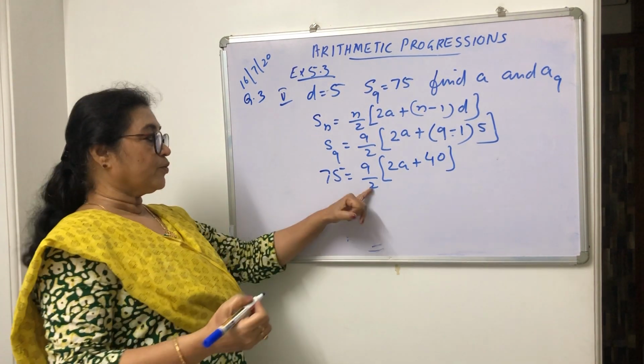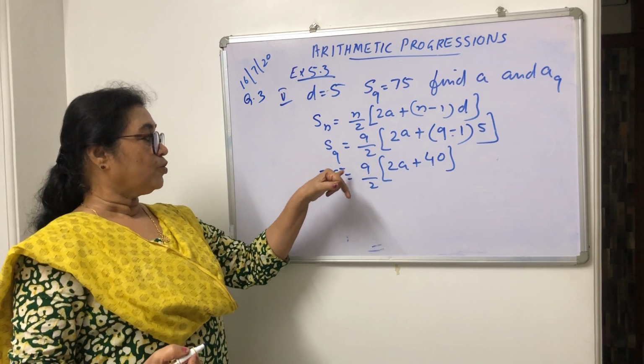This 2 and 9 I am taking to this side, so 75 into 2 by 9.